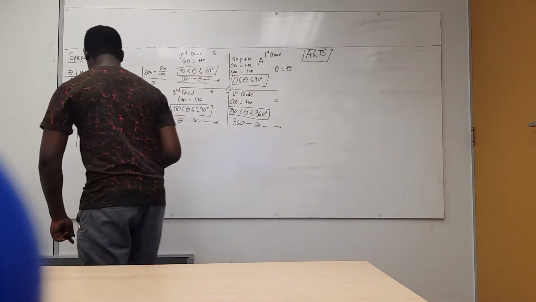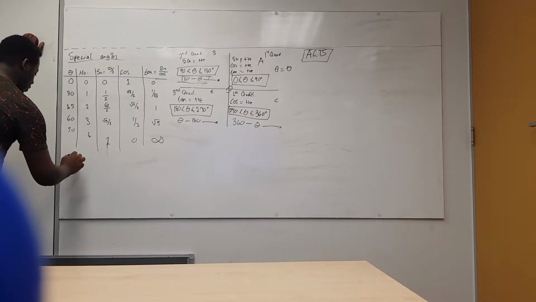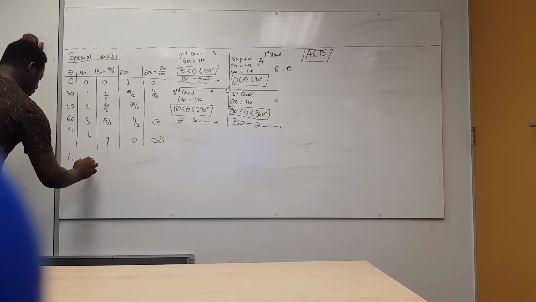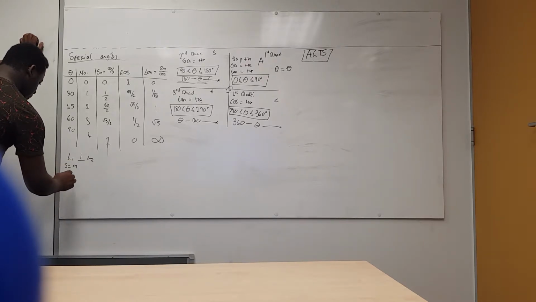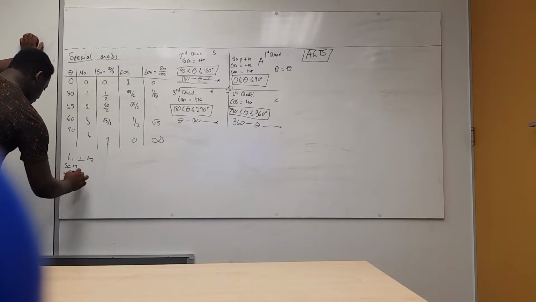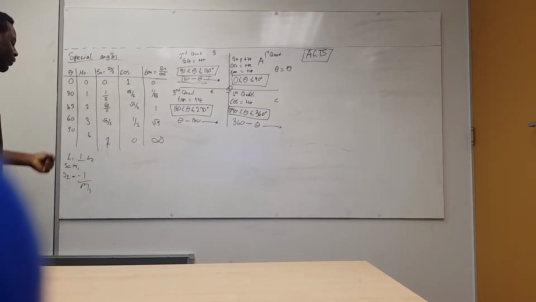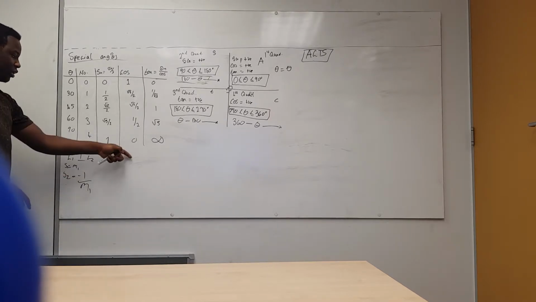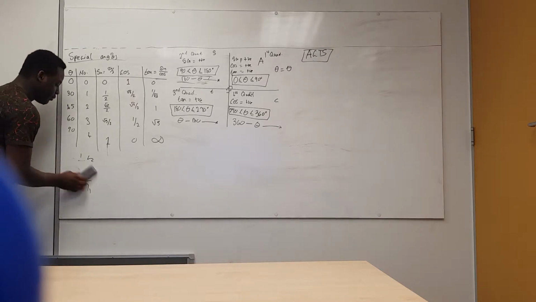I think you have seen this: if you have two lines, L1 perpendicular to L2, and the slope of L1 is M, then the slope of L2, S1 and S2, is equal to the negative inverse of the first slope. I'm going to show you how we derived it through this idea.